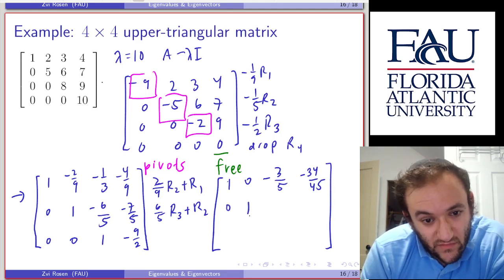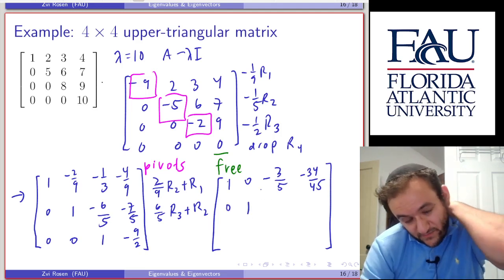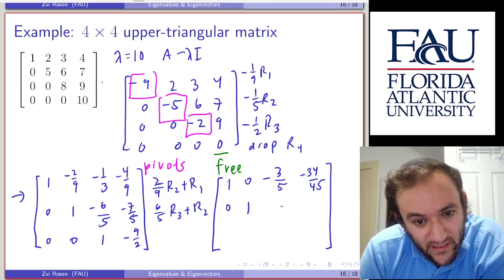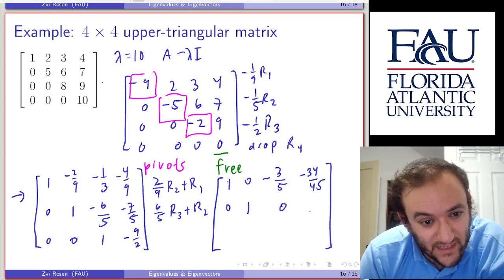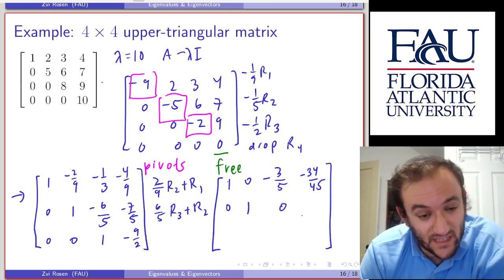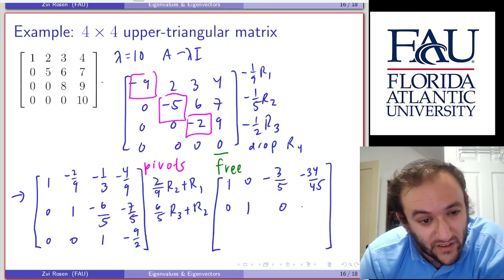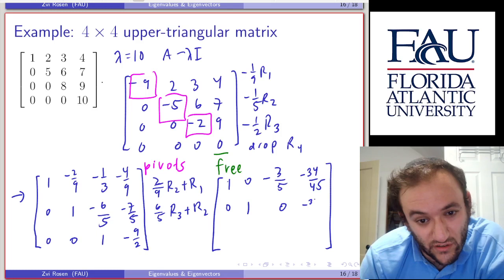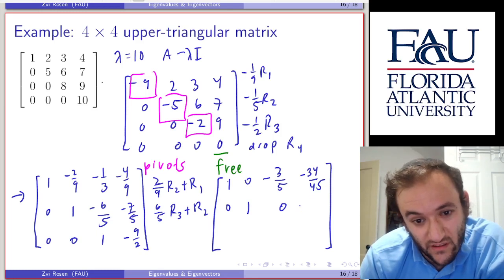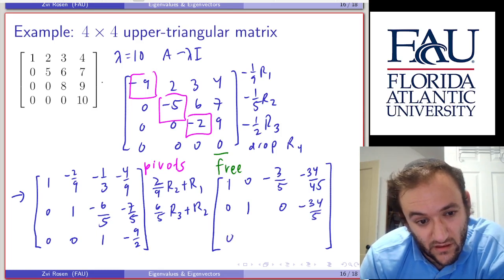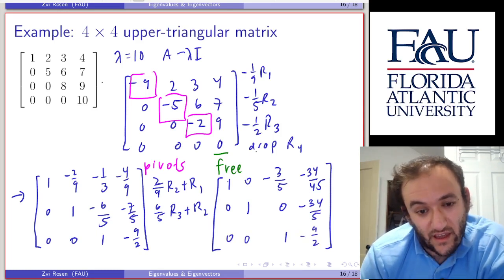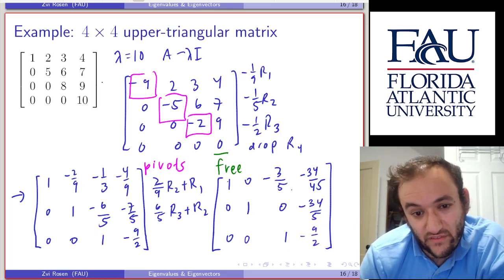And adding in the next, this is 0, and then minus 9/2 times 6/5 is minus 27 over 5. So this becomes minus 34 over 5. And we get 0, 0, 1, minus 9/2. And finally, we just want to add 3/5 times row 3 to row 1.